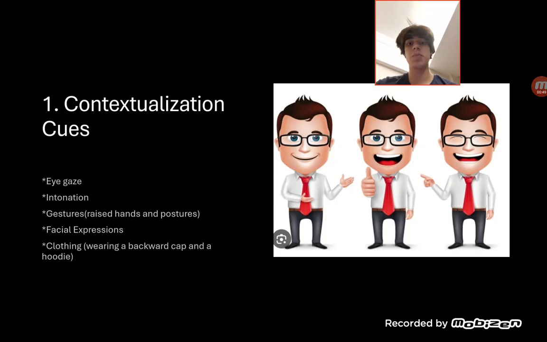These cues are powerful but often invisible to teachers, and these might be eye gaze, intonation, gestures, which might be raised hands or postures, facial expressions, or even clothing, which might be wearing a backward cap and a hoodie, as in the example of Max, who we are going to talk about in the next few pages.